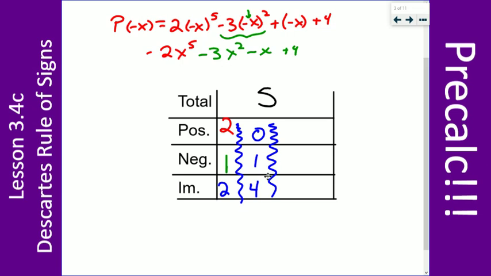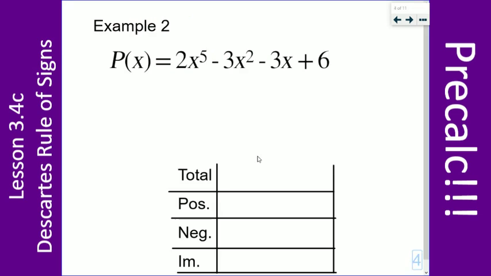If we're plugging numbers in using synthetic division, and we find that one of our negative numbers is a solution, then we don't need to check any other negative numbers, because Descartes' rule of signs says there is, at most, only one negative real solution. So once you find it, you don't need to look for any more. This is one way we can use this to guide what we're picking.